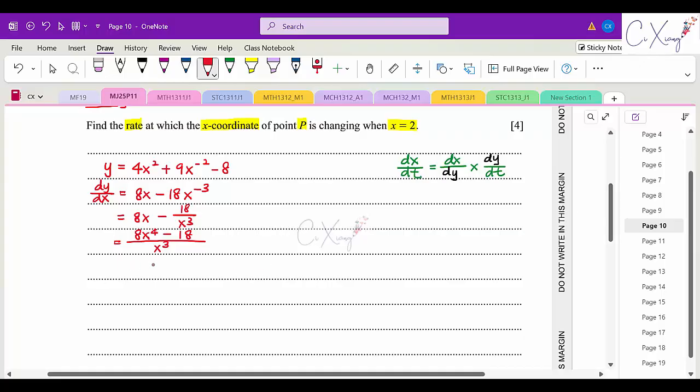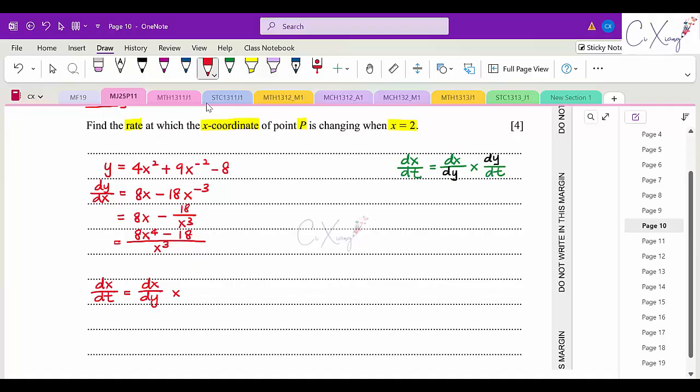Okay, now it seems like I already have everything that I need. This is dy/dx, then you can just swap it upside down to become dx/dy. I also have dy/dt. Therefore, I can find out dx/dt now. So let's find out dx/dt. It is equal to dx/dy multiplied with dy/dt. For dx/dy, it is this one, but you have to make it upside down.